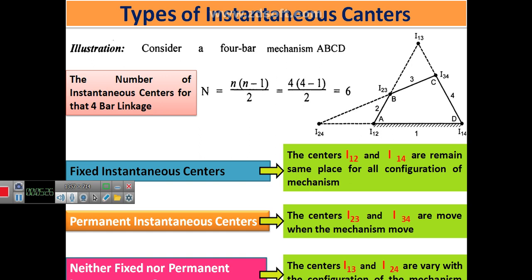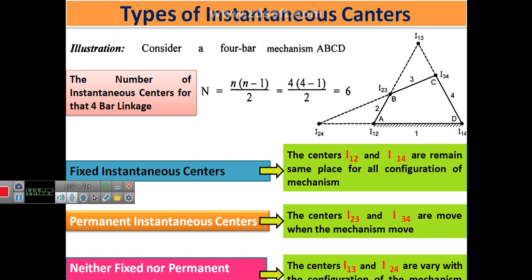You see in the corner of the slide a diagram of a 4-bar link arrangement with the links named 1, 2, 3, 4. So the total number of links is n equal to 4. As usual, the connection of two links is marked by the letters A, B, C, D. In the 4-bar, we also mark the instantaneous centers.